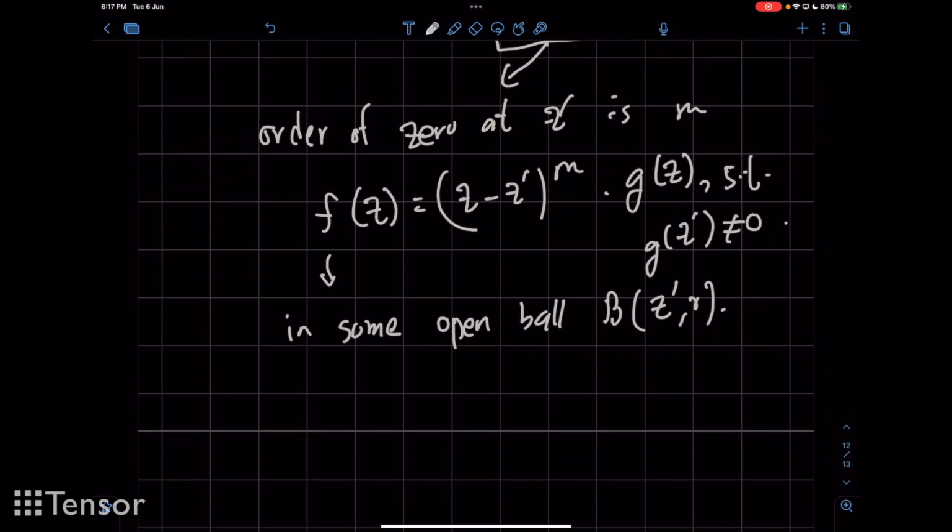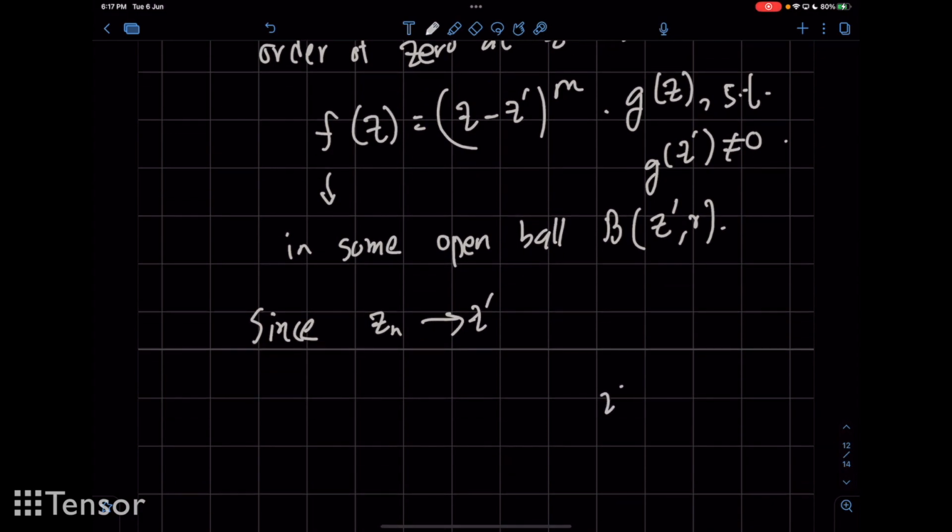Now, since the sequence Zn converges to Z prime, if this is my Z prime and we take an open ball with radius r, then by the definition of convergence, eventually the sequence Zn will be in this open ball, right?